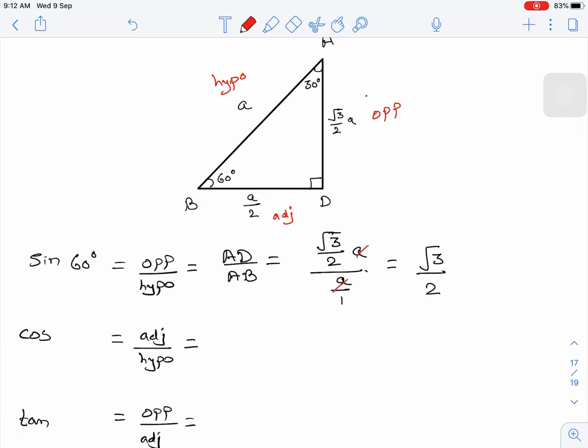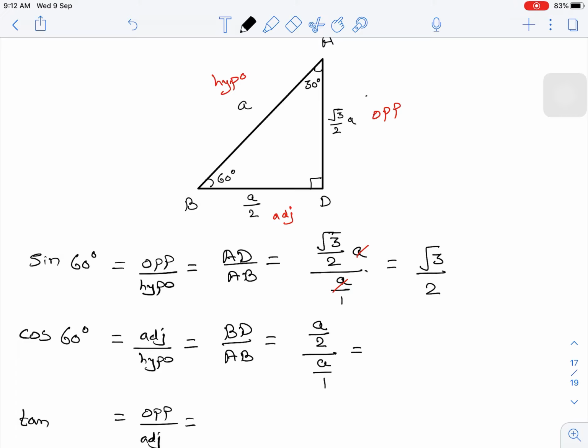Similarly, now our next ratio is cos 60 degree. So cos 60 degree equals adjacent upon hypotenuse. Now which side is adjacent, that is BD, and hypotenuse AB. So what you will get here, BD upon AB, that equals, now value of BD, that is a upon 2, upon hypotenuse, so that is a.